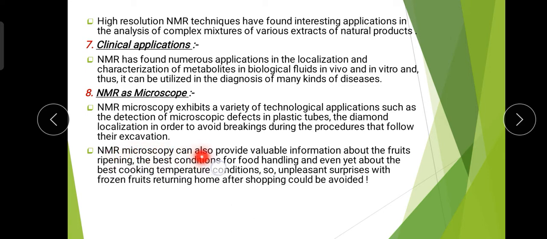NMR microscopy can also provide valuable information about fruit ripening, the best conditions for food handling, and even about the best cooking temperature conditions. So unpleasant surprises with frozen fruits when returning home after shopping could be avoided. That means with the help of NMR microscopy we are able to get information about the ripening of the fruits.